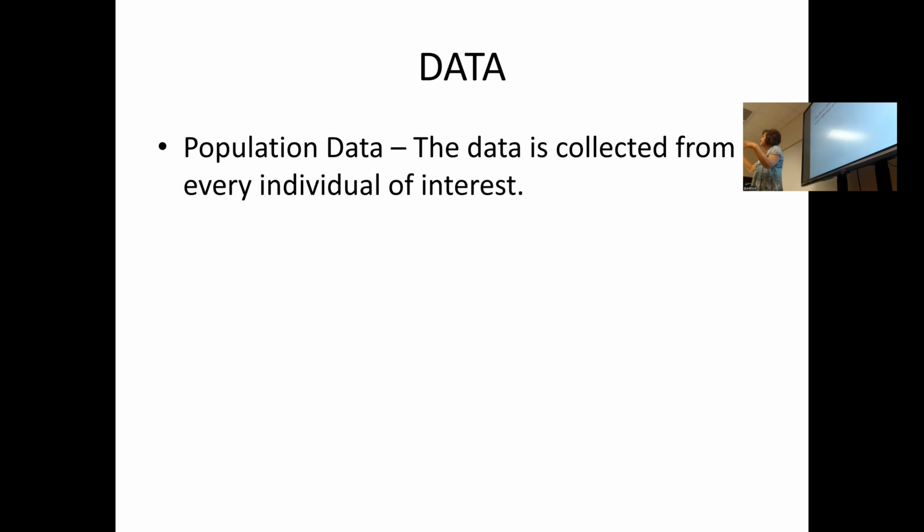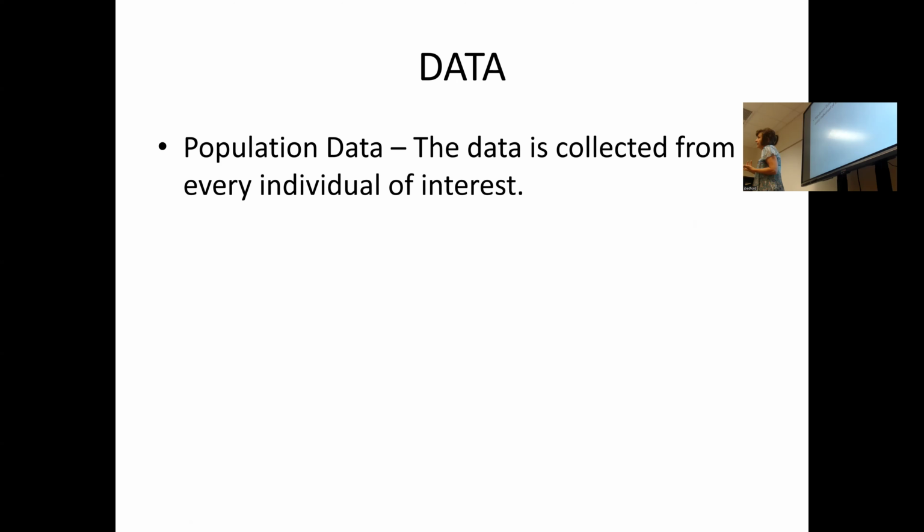So let's narrow it down a little bit. What if we wanted information about the students at Trinity Valley Community College? Does that sound more doable? Because we should have a database that would have every student enrolled in the college listed, right? And whatever it is we wanted to know, we could reach out to each one of those people.